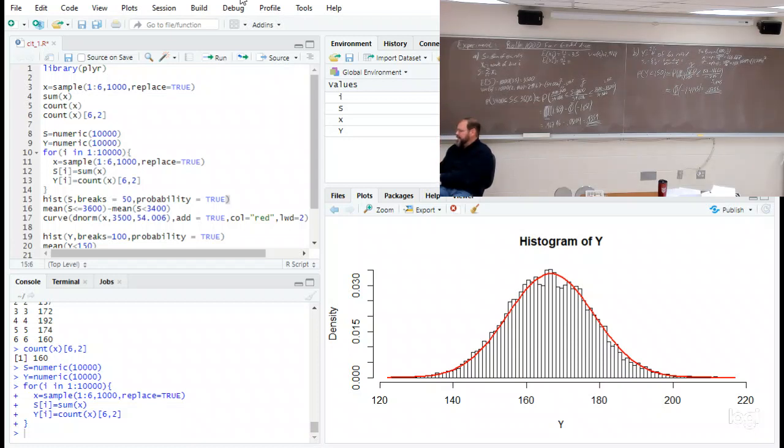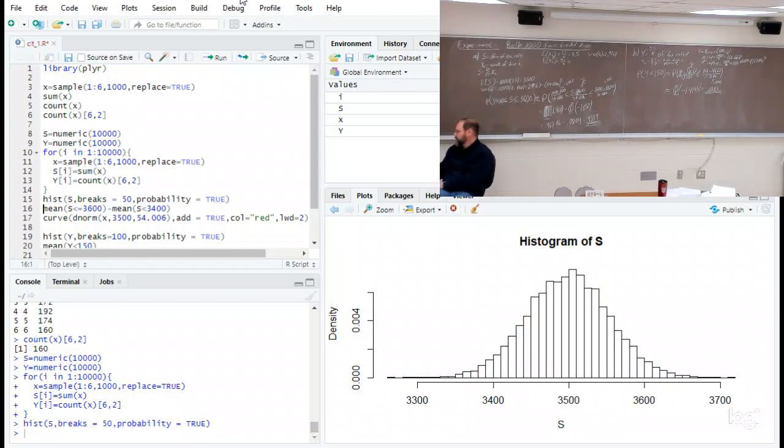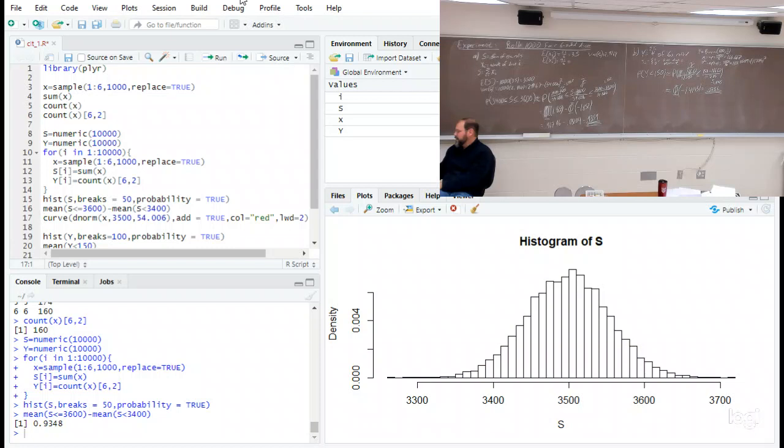Now let's look at a histogram for S. The claim is that it should be approximately a normal random variable. But this question of what's the probability that I get something between 3,400 and 3,600, I'm going to compute the likelihood of the occurrence in each of those cases, subtract them, and notice, what did I get?